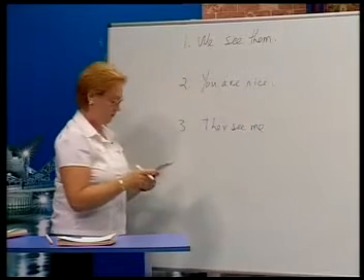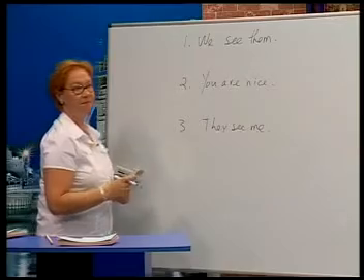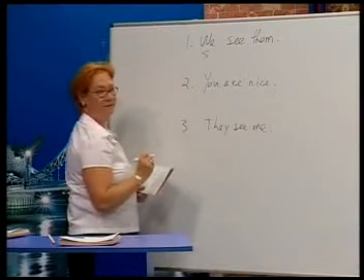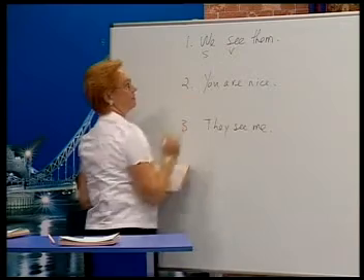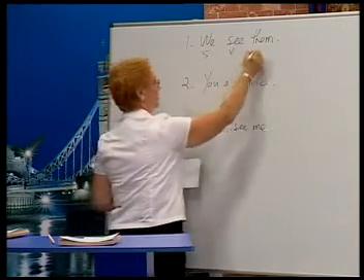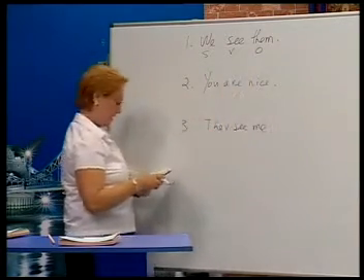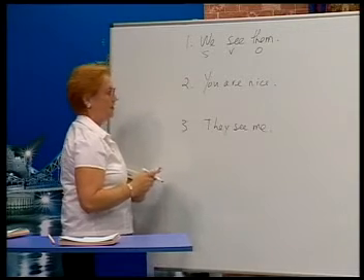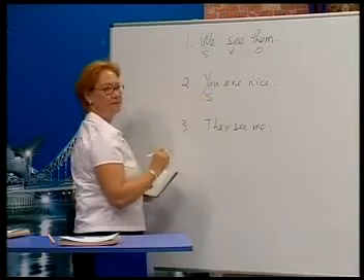Okay, Lisa, you do number 1. We is the subject. See is the verb. Them is the object. Yes, good. Okay, now Ali. You is the subject. Are is the verb.